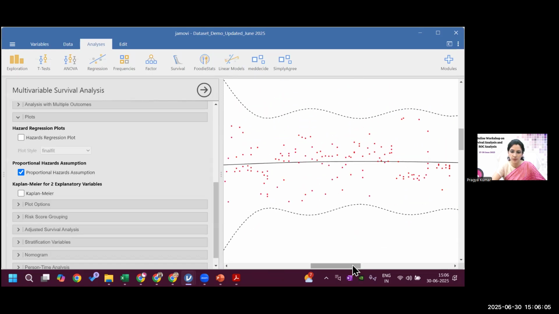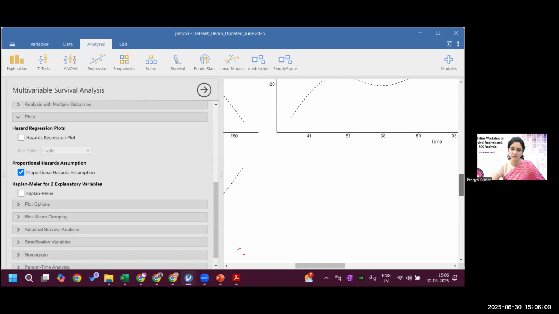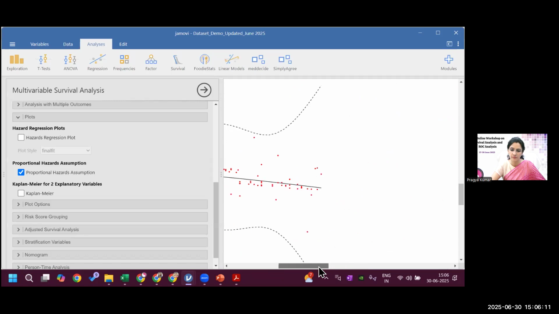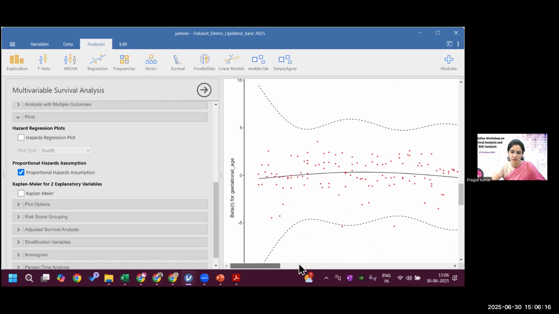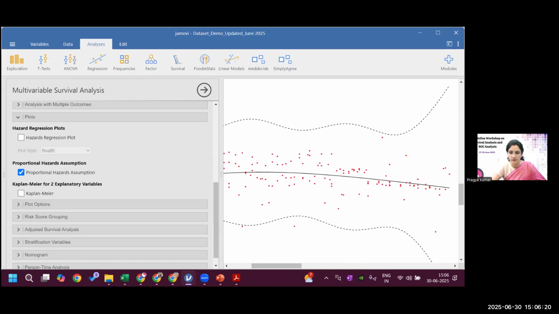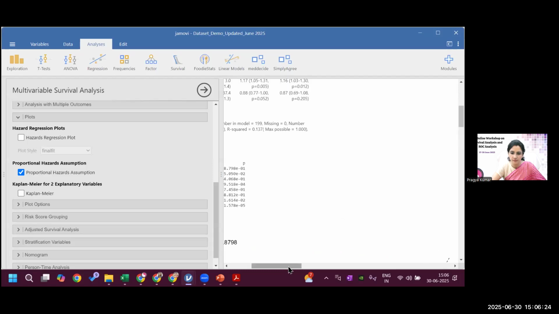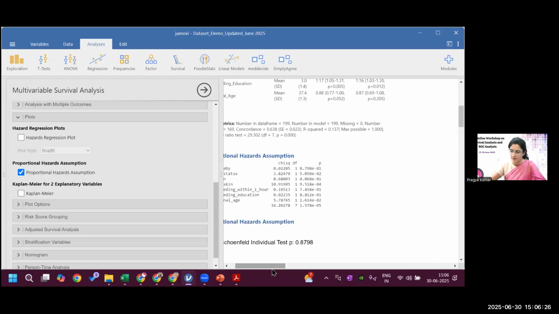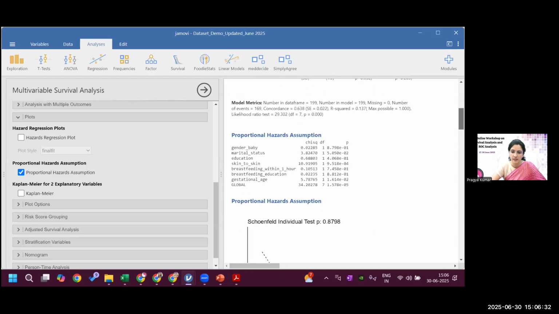This seems to be a straight line, this one, marital status. This gestational age also seems to be more of a straight line. So there will be 4 variables which we discussed.